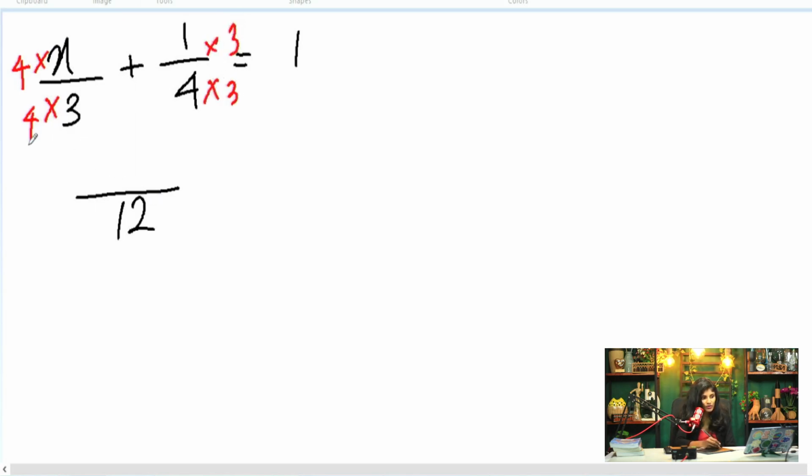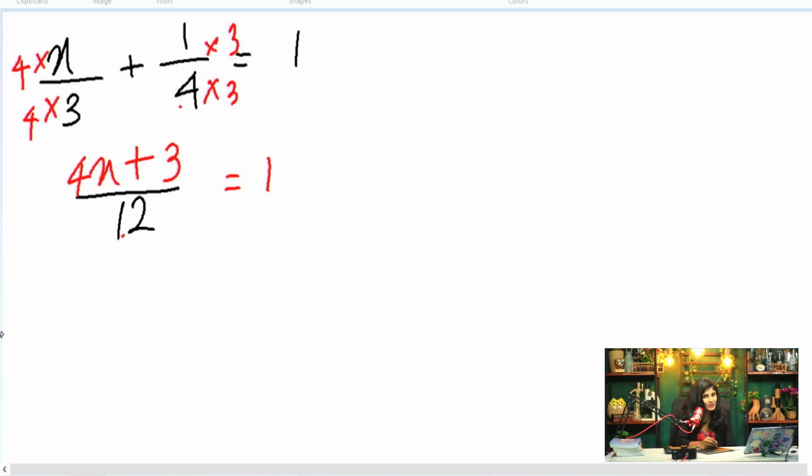Okay. Now, 4 times 3, 12. 3 times 4, 4 times 3, 12. I have written the 12 in the middle to be common to both parts. 4 times x means 4x plus 3 times 1 means 3 equals 1.